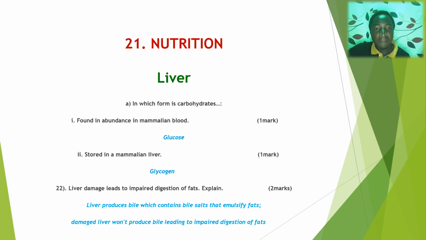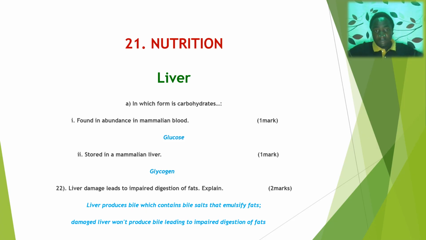Carbohydrates is found in abundance. So where is carbohydrates found in abundance in mammalian blood? Carbohydrates is found in abundance in the mammalian blood in form of what? Glucose. And then it is found in the liver in form of what? Glycogen.